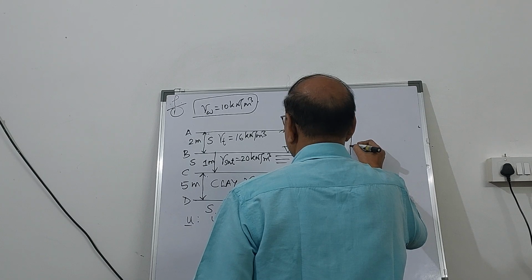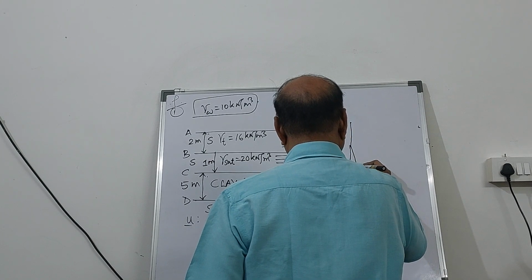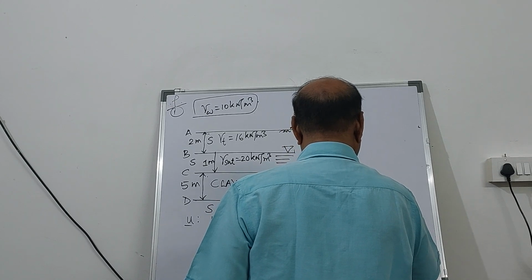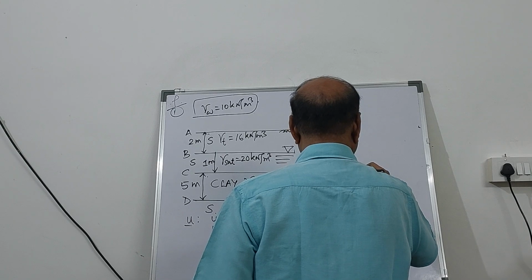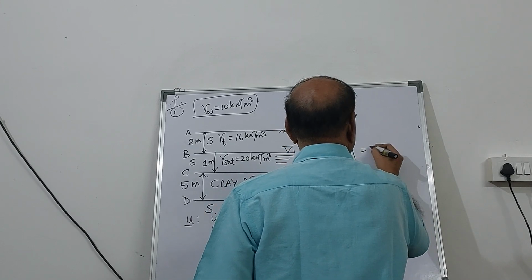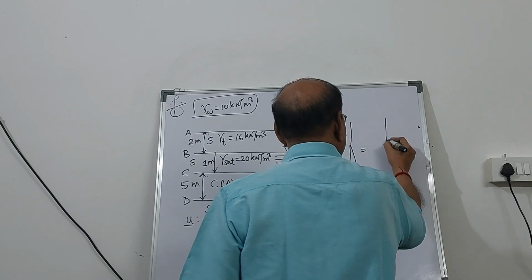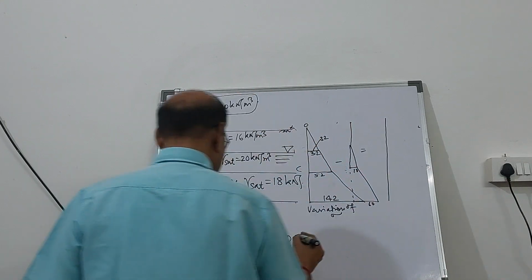So from here, this is going to be 60, this is going to be 10. And this minus this will give you the diagram for effective stress. So this is the reference line.